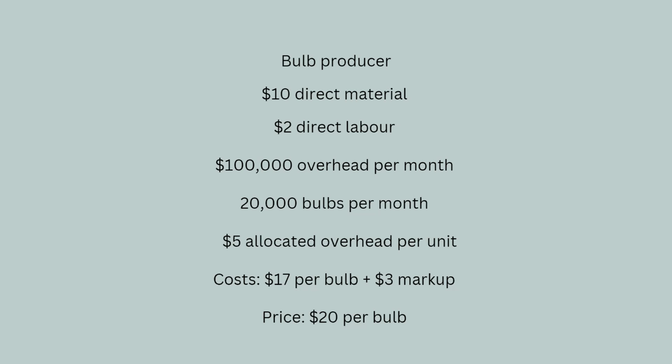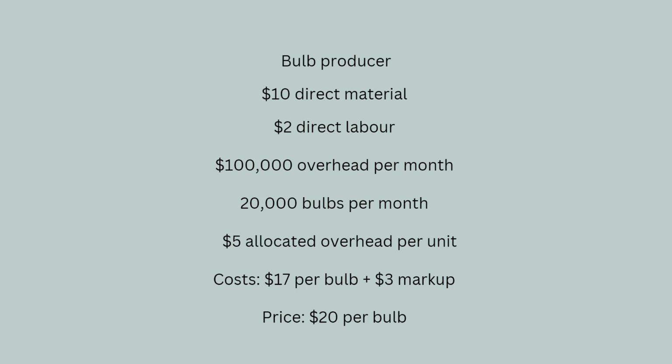Therefore, if we take 100,000 divided by 20,000, we have $5 of allocated overhead cost per unit. And then the total cost would be 12 plus 5, which is $15 per bulk. And my margin is only $3. So the selling price would be $20. Right. So this is a simple example about absorption costing.